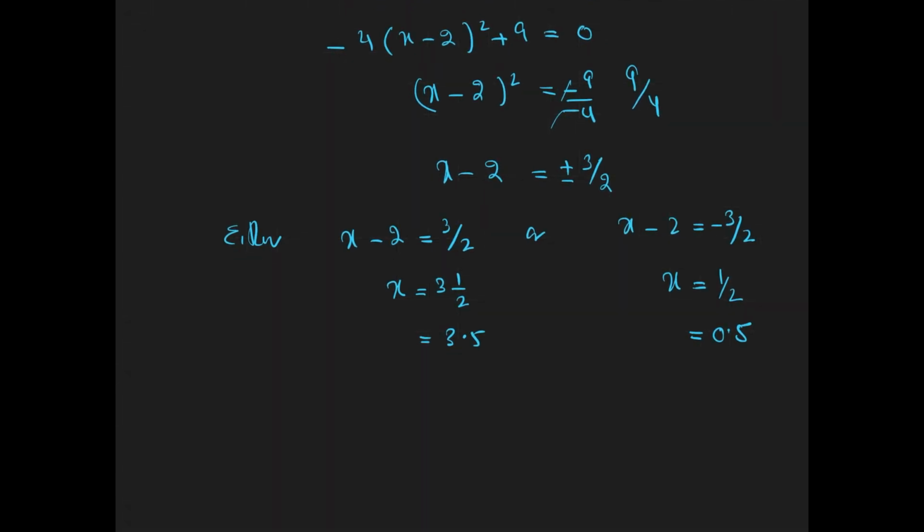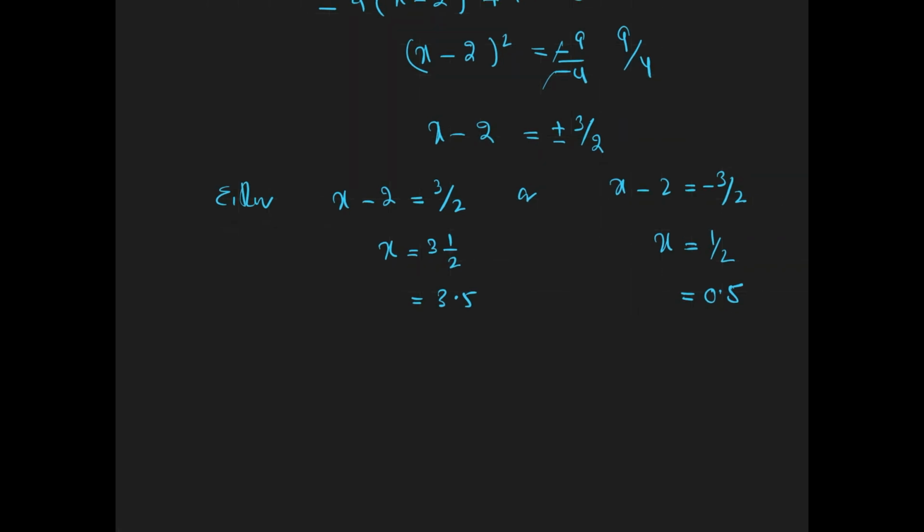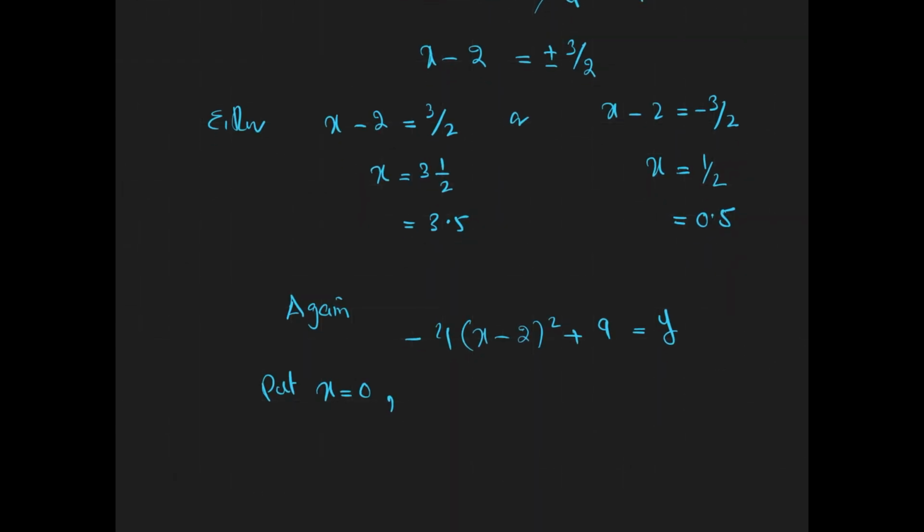Finally, we need to know the value of the y-intercept as well. So again, let us look at our equation: minus 4 (x minus 2) whole squared plus 9 equals y. In this equation, we insert x equal to 0, because we know that for the y-intercept, the x coordinate is always 0.